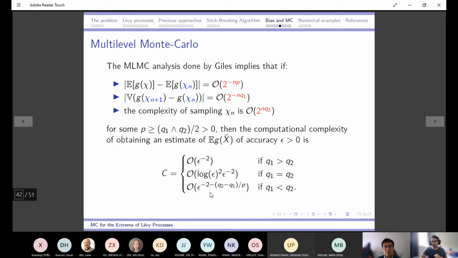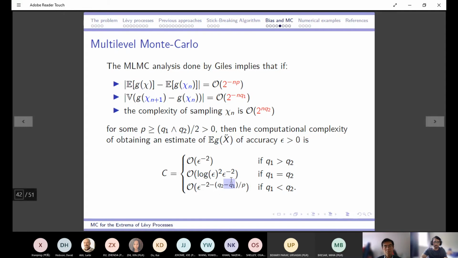Just for comparison, I should have added it to the slides. But the complexity you get in the normal Monte Carlo is, under any of these three cases, always epsilon to the minus 2 minus Q2 over P. So there's essentially no Q1 over here.